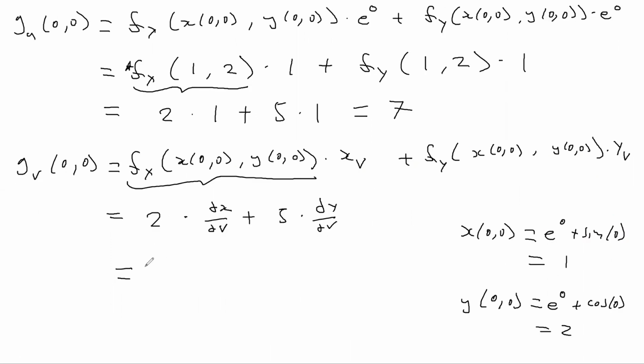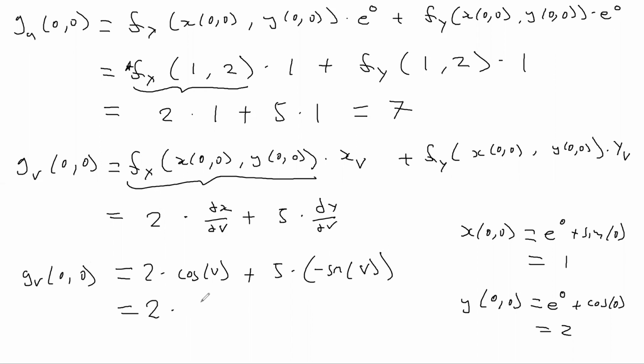So we have 2 times cosine of v plus 5 times negative sine of v. Plugging in the point (0, 0), we plug in 0 for v, so that's going to be 2 times 1 plus 5 times 0.